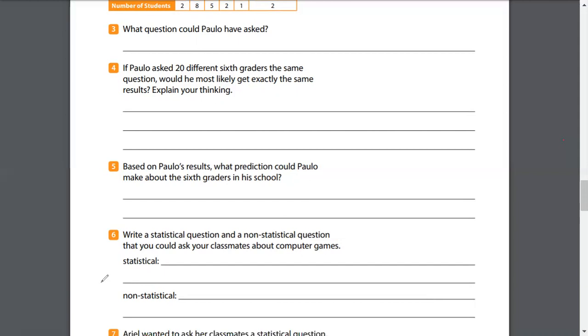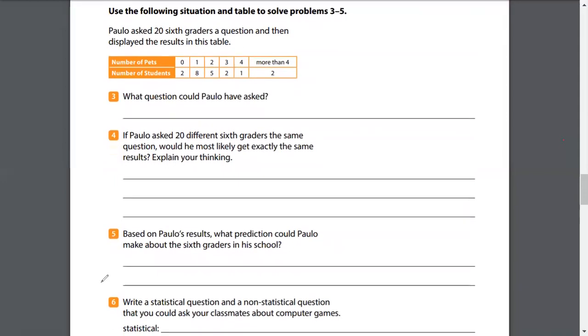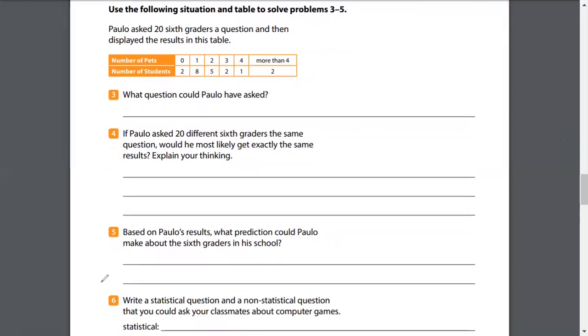All right, question number 5. Based on Paulo's results, what prediction could Paulo make about the 6th graders in his school? Let me go back to his results. So he has different results based on the students. What can he say?